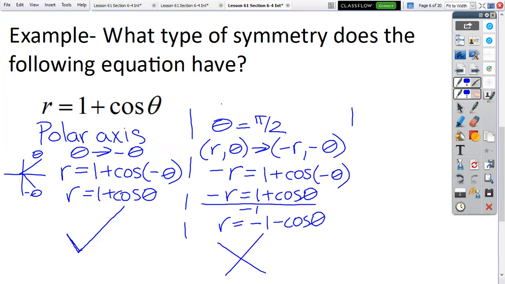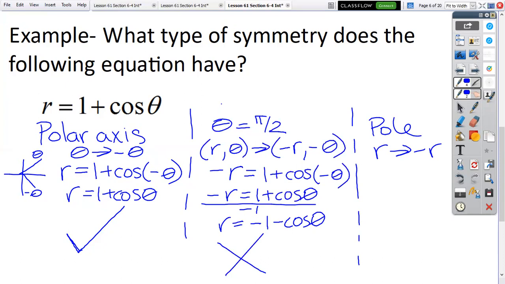And then the third, the final type of symmetry we're checking for is with the origin or the pole. To do that, this is a quick one. We're replacing r with negative r. And there are times when that won't make a difference in the equation. If you picture the one we did for a warm-up where the r was squared, the negative would go away. So that graph would be symmetric about the pole.